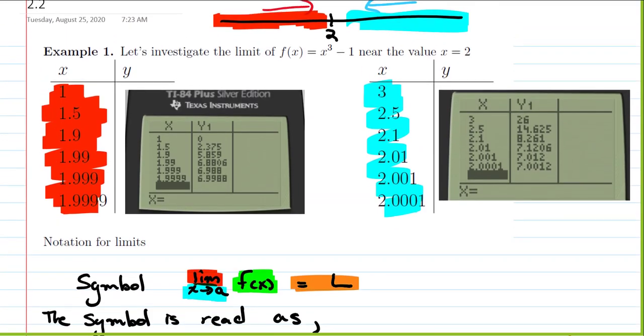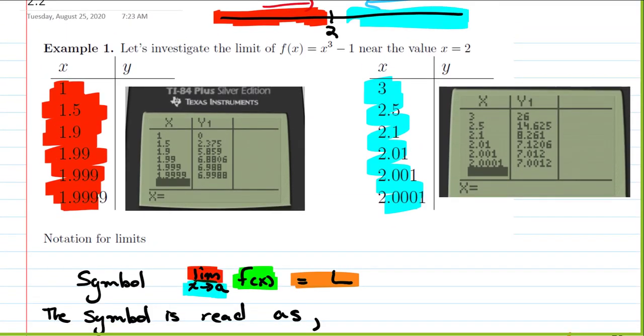So if we go back to our example number 1, what was our limit as x came in from the left here? So our limit as x approached 2 from the left of x cubed minus 1 was equal to 7. And what was our limit as x approached 2 from the right of x cubed minus 1?